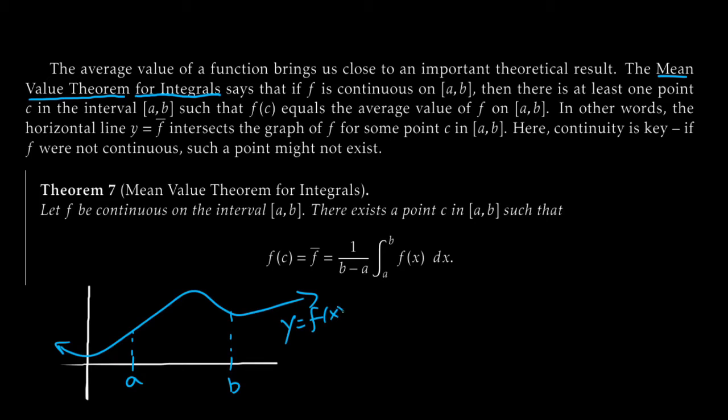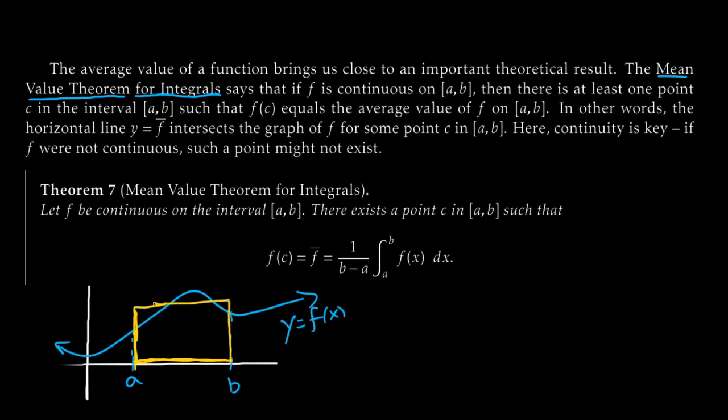What we came up with was some sort of box, right? We took a box of some height, and the height was the average value. It's got the same width, and the height is the average value, and we noticed that somehow this was achieved by going sort of midway up the function, and that was a very bad drawing right there, so maybe something a little bit closer to this.